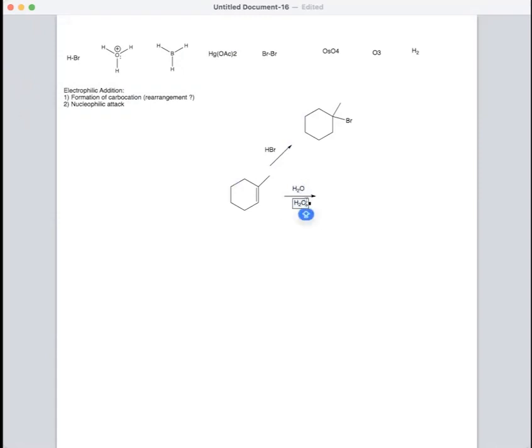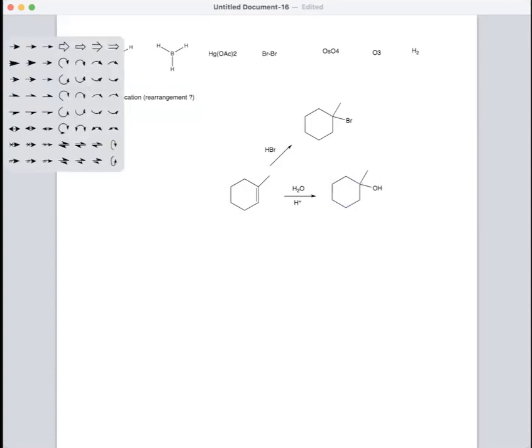If it cannot rearrange, as is the case in the example I'm showing here on the board, then the second step will be just the nucleophile attacking the carbocation to form the final product, in this case an alcohol after deprotonation. So acid catalyzed hydration allows us to form an alcohol from an alkene regioselectively. Once again, the alcohol ends up on the highest substituted carbon always, because that's where the carbocation is formed.